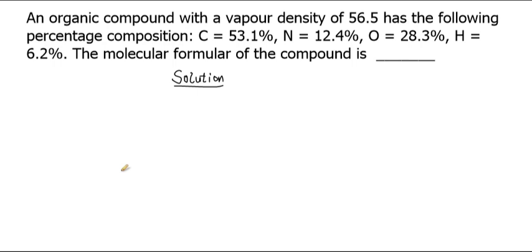We'll be having it in a tabular form. So I have the elements. I have carbon, I have nitrogen, I have oxygen, then I have hydrogen. Those are the 4 elements present in a tabular form.